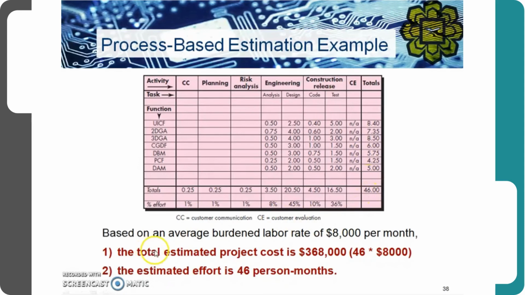In this case, the total estimated project cost is, okay, here we get 46 multiplied by the historical data, 8,000 per month. So the project cost is 368,000, and the estimated effort is, we have already calculated the value, which in this case is 46.